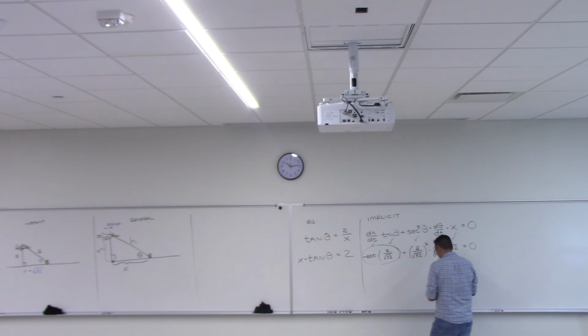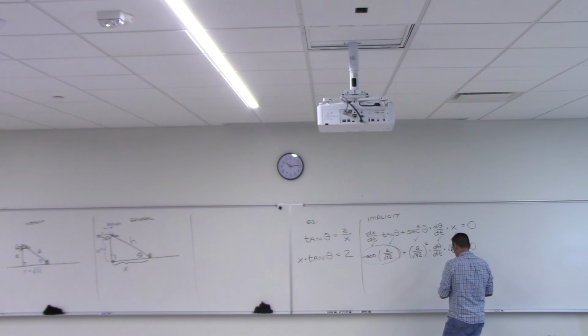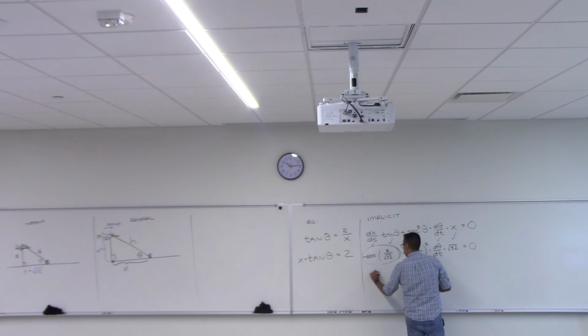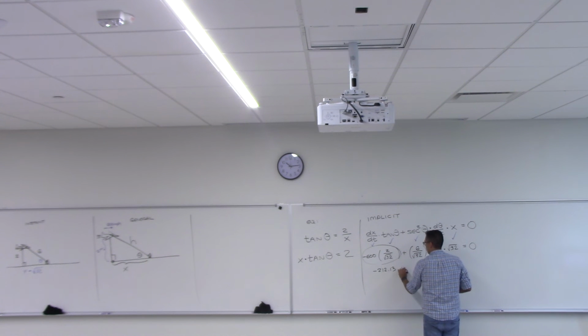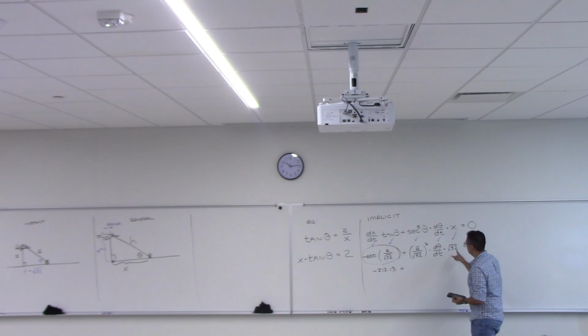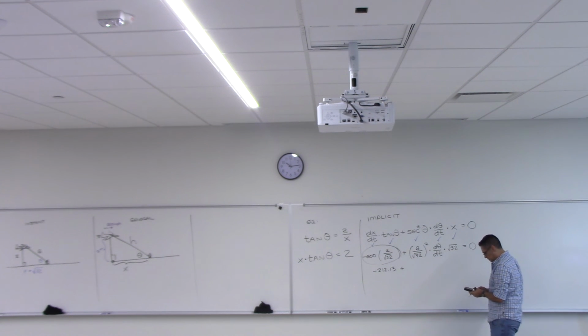On my calculator, negative 600 times 2, divided by the square root of 32. I get negative 212.13, plus, over here, 6 over square root of 32.